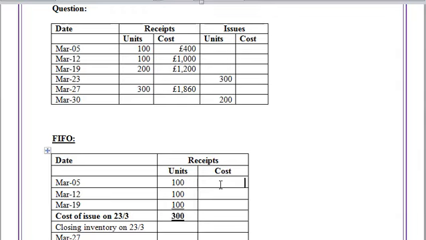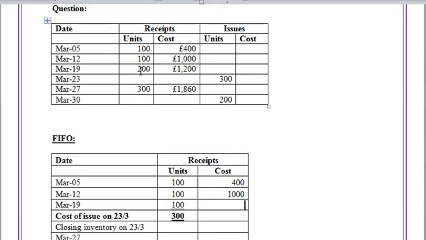And the cost I will pick up as I have it from the table above. On the 19th of March, you bought £1,200 worth of inventory, and you bought 200 units. That cost me £6 each.